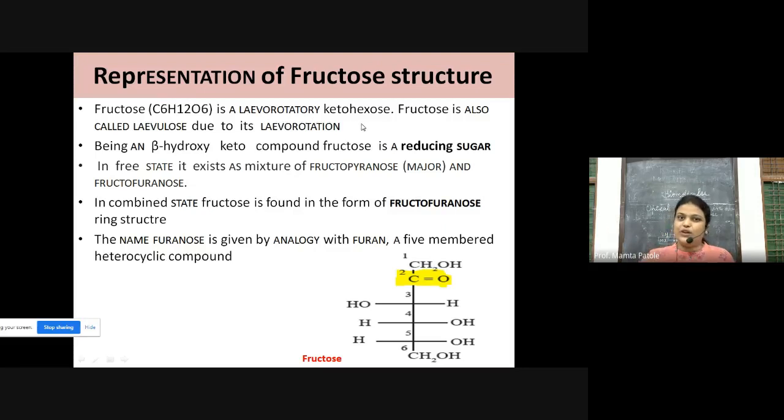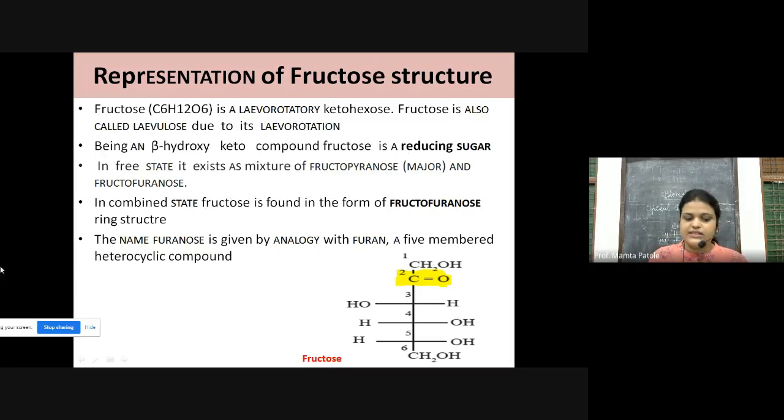That means it will rotate the plane of plane polarized light towards the left. Fructose is also called levulose due to its levorotation. Being a beta hydroxy ketone compound, fructose is a reducing sugar.